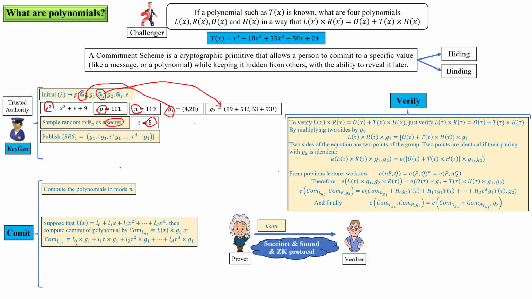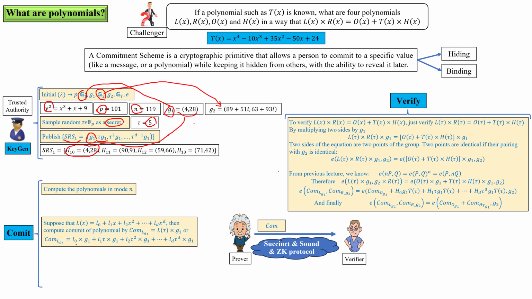Then the trusted authority computes the SRS value and shares it with the public. So the first element of the SRS is G1. So G1 is this value, 4 and 28, right? So this is the first element. The second element of the SRS is tau multiplied by G1.